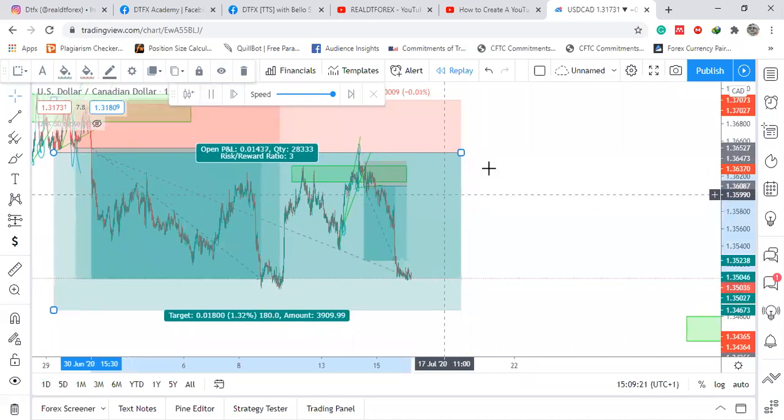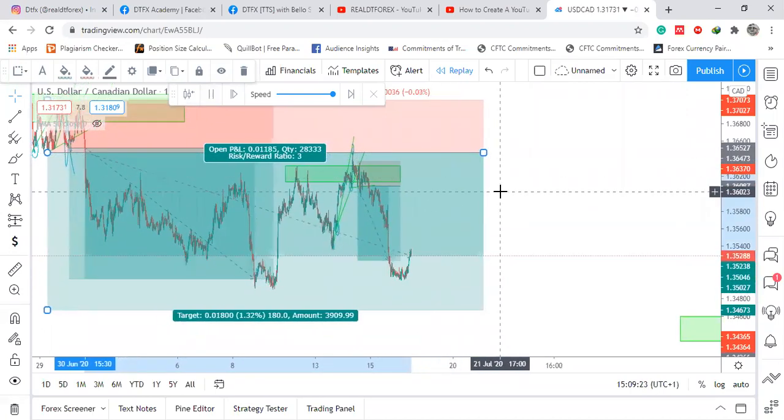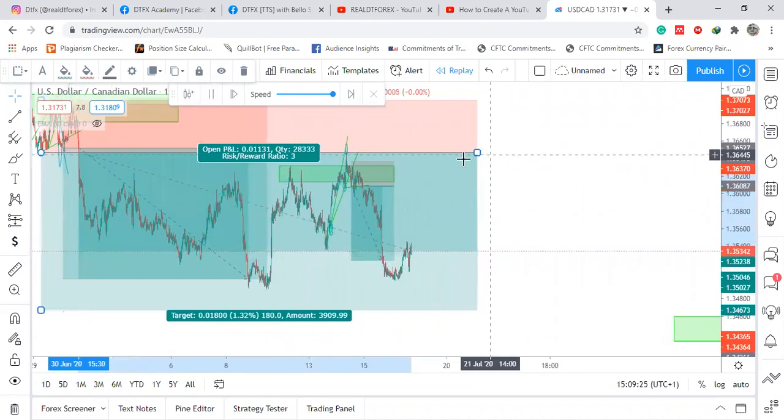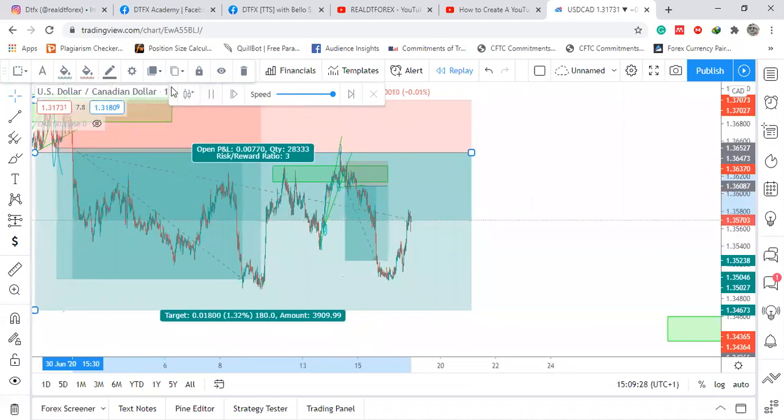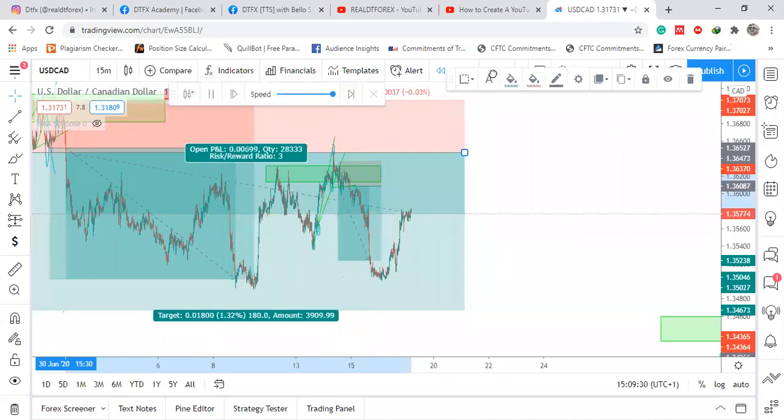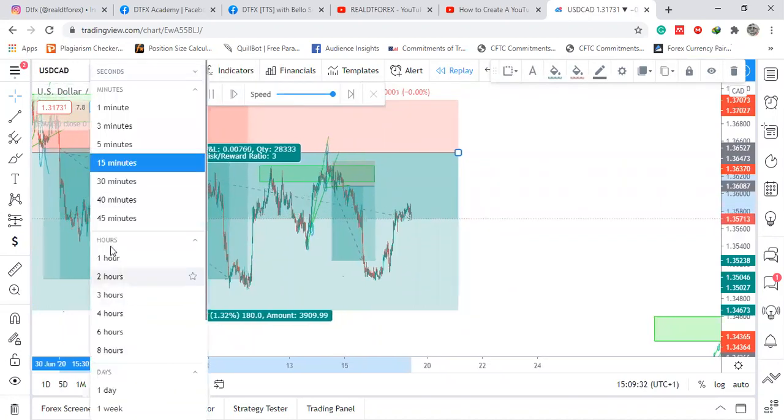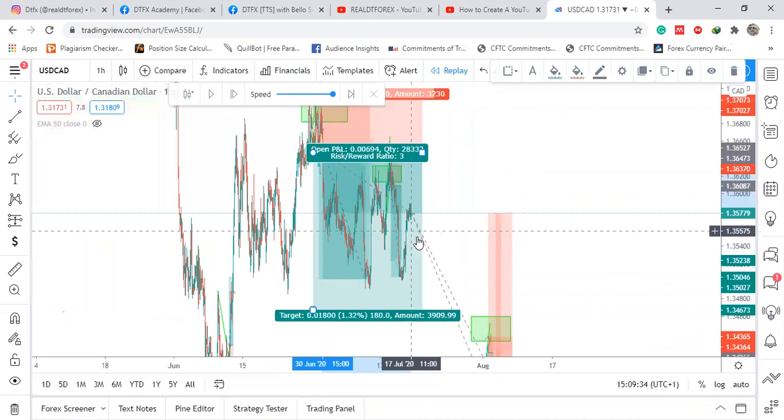I believe many of you understand what I mean by break even. So this thing is taking forever. Let me just go on higher time frame so that it will be fast, against us or for us.